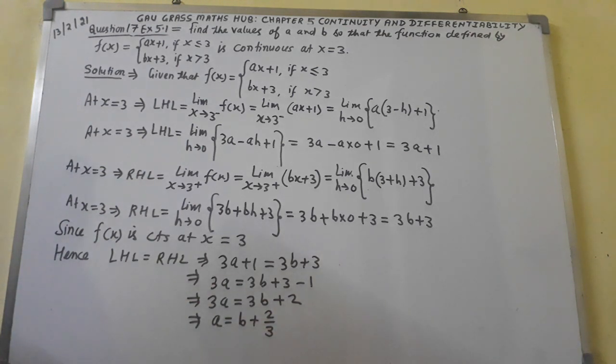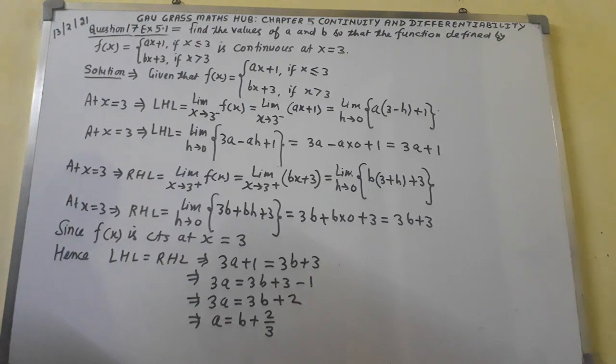So we have got the answer as a equal to b plus 2 over 3. And only once you have the answer, you find the value of a and b. The value of a is this one.